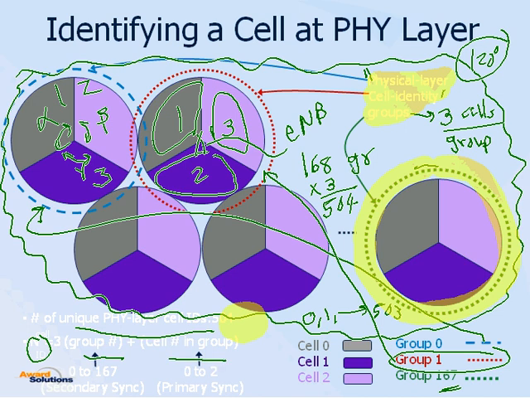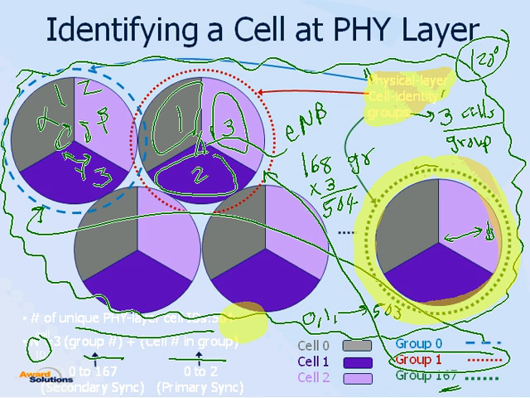So let's say we have some UE that is somewhere here, talking to this cell. During the synchronization process, we will identify the cell ID.